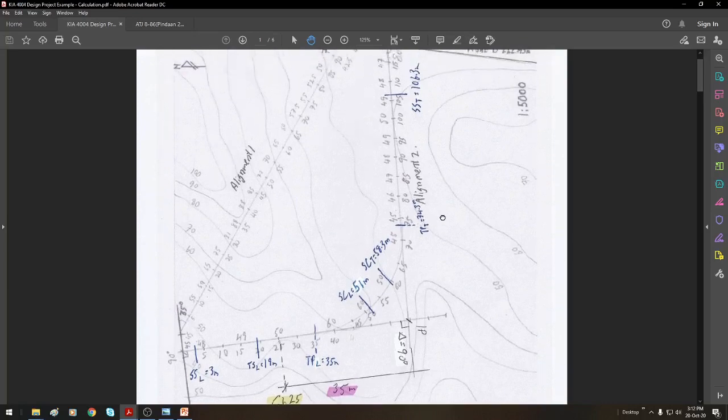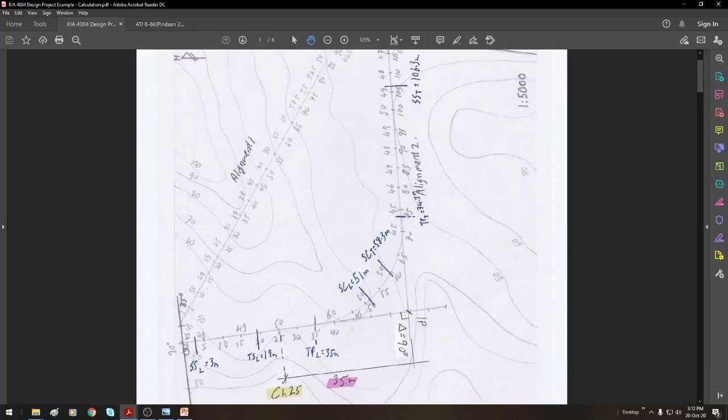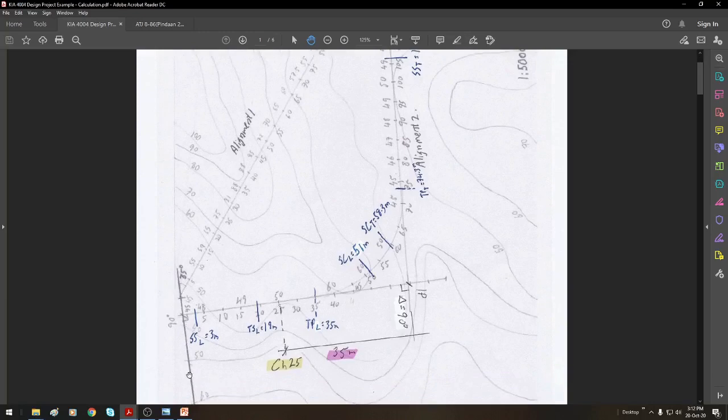What you can see here is the existing road and this is your road. SS marks the point where the pavement starts to transition, the transition of the normal crown, the normal crossfall.